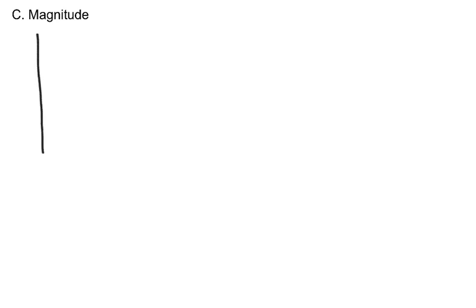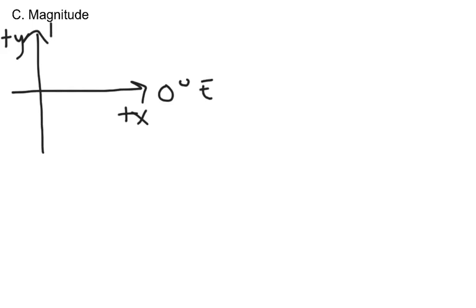Here is another example of combining vectors at right angles. Again we have our coordinate axes here, plus x and plus y. This is at 0 degrees or east, this is north, south, and over here is west.